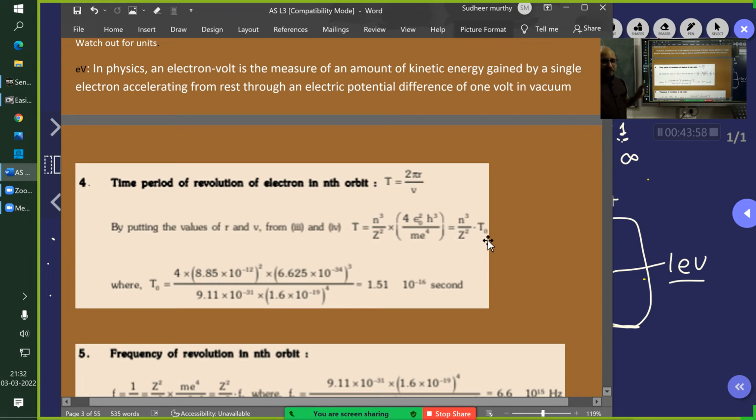Then r was n square by z. And energy was n square by z square. And now the time period is n cube by z square into T naught. See, the abstractions are extremely important. So we get T naught is equal to 1.51 into 10 to the power of minus 16 seconds. Very, very small.